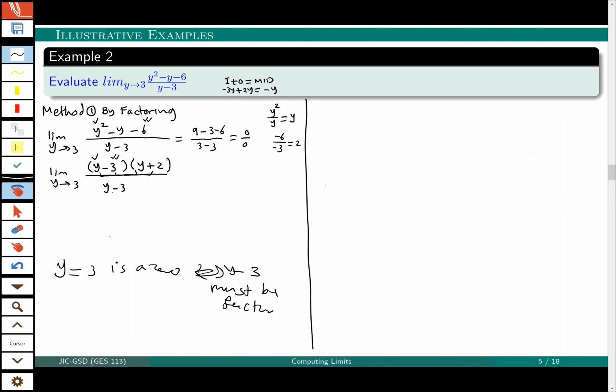Divided by y minus 3. Now we cancel out these two, and we will get the result: the limit when y goes to 3 of y plus 2, which is equal to 5.